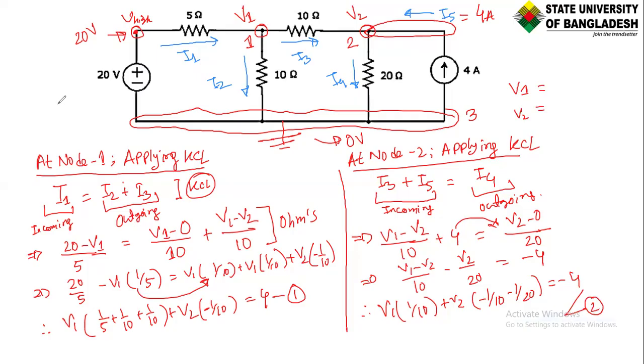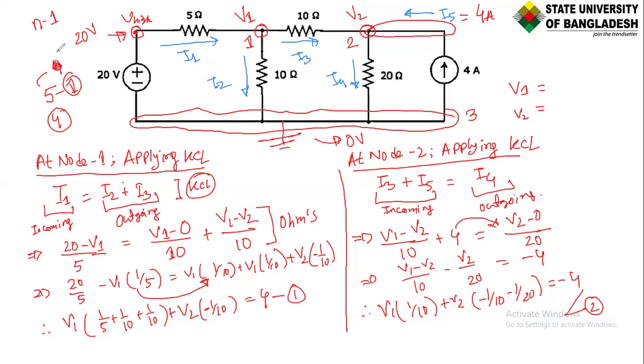Let's say you have 5 nodes, and among them 4 nodes are unknown, and one is actually your reference node. Therefore, the unknown voltages will be 4. So for nodal equations, the unknown voltages will always be n minus 1, where n is the number of nodes and 1 is the reference node.